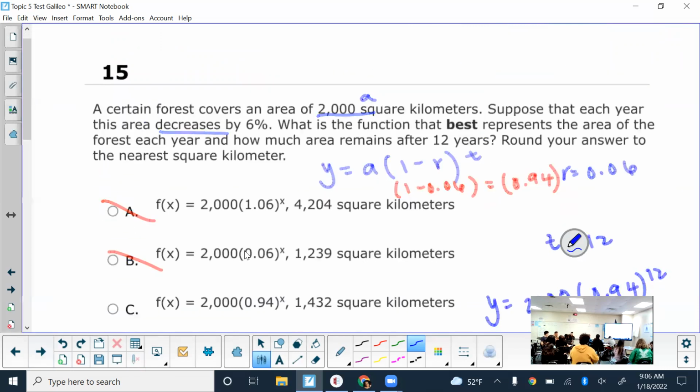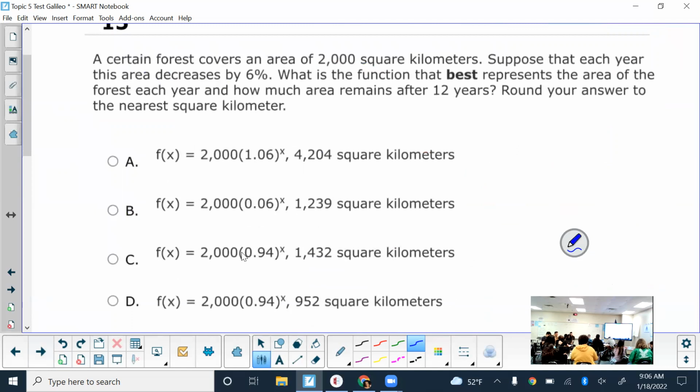All right, so a certain forest covers an area of 2,000 square kilometers. Suppose that each year this area decreases by 6%. What is the function that best represents the area of the forest each year, and how much area remains after 12 years? Round your answer. So to do this problem, am I providing you the formula that you would use?